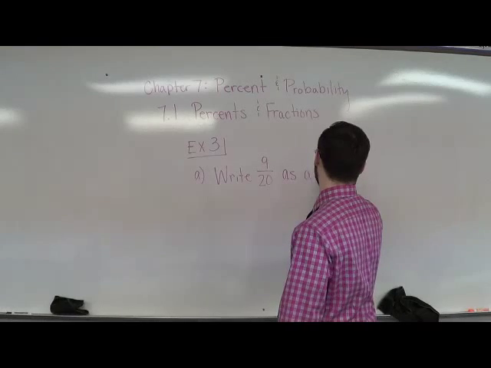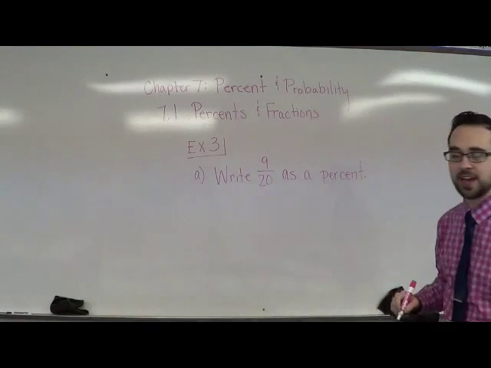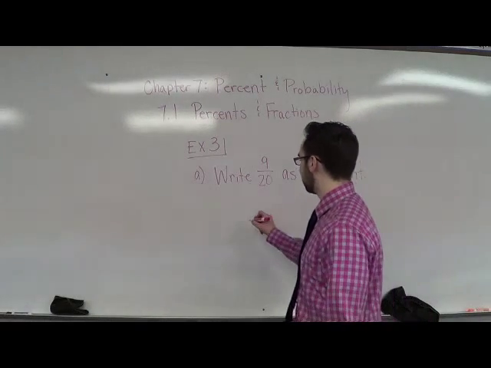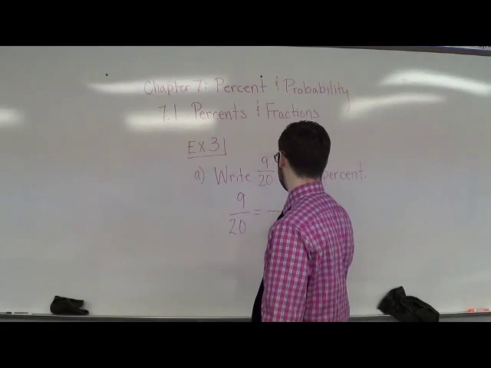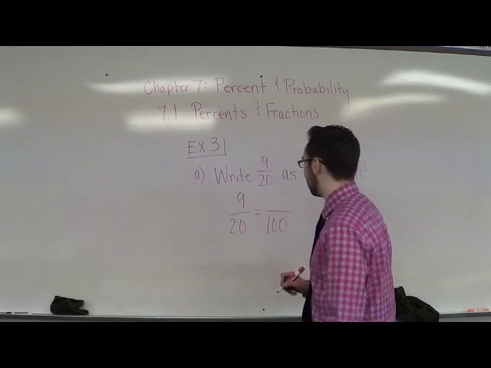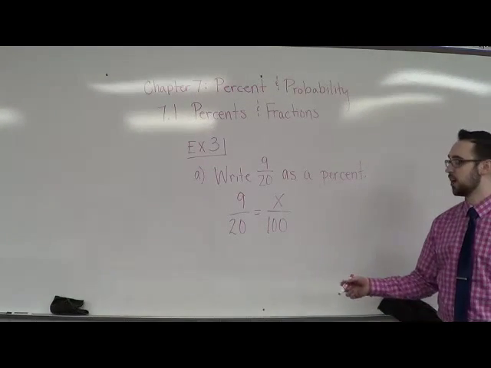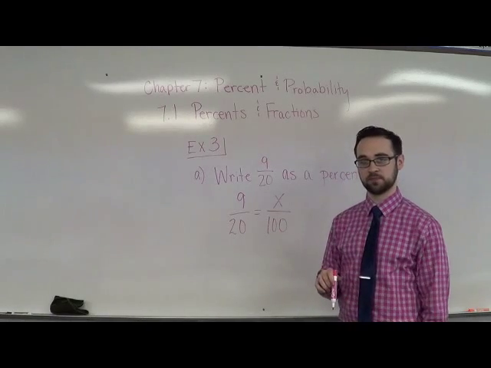So this time we want to know, how can I write 9/20 as a percent? What you want to do is almost use proportions that we talked about last chapter. So I can say 9/20 is something out of 100. So what is that something? So we're setting a proportion. I want to know, what is that something out of 100?